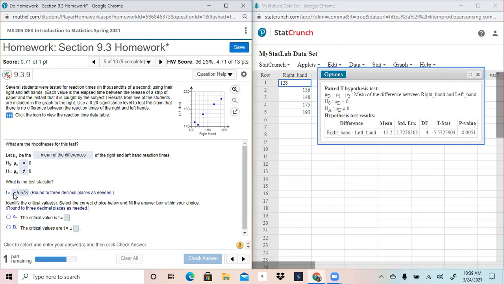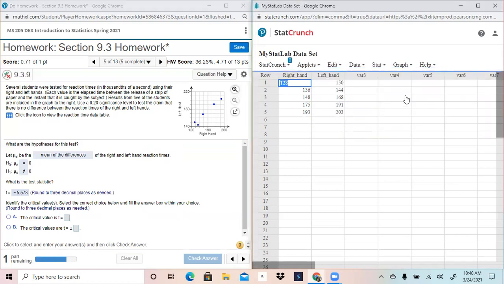The critical values are those values which we compare the t-statistic to. The critical values are the values that separate the area in the curve between which we would not reject the null hypothesis and we would reject the null.